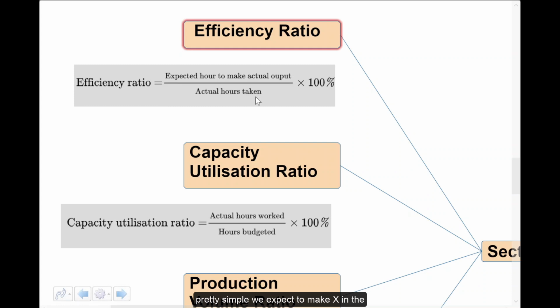We expect to make X in a certain number of hours, but we took this long. Capacity, very similar. We're looking at the capacity of the business, or the capacity of the department. So actual hours versus hours budgeted. This is what we thought our capacity was. This is what we've actually worked.